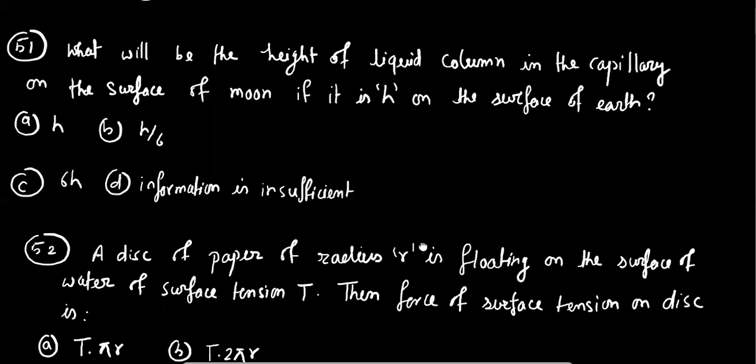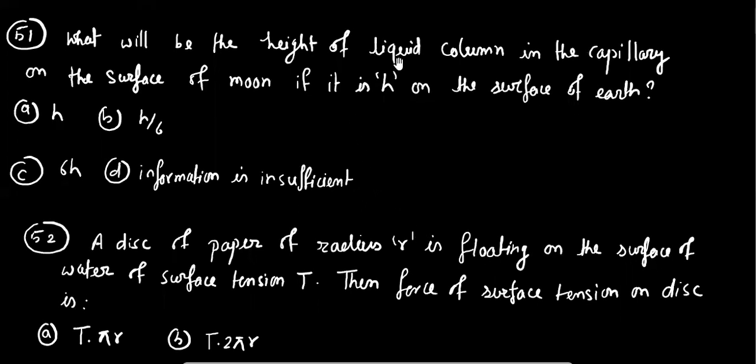Now we are going to discuss question number 51. What will be the height of liquid column in the capillary on the surface of the moon if it is etched on the surface of the earth? Well, we have the expression for capillary rise, which is 2T cos theta equal to r rho g h. On solving this, we can confirm that height is inversely proportional to gravity.